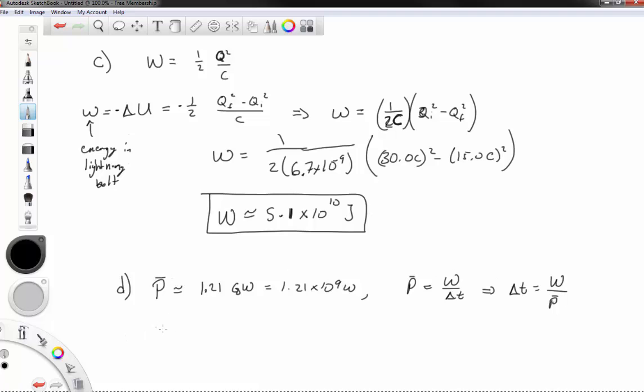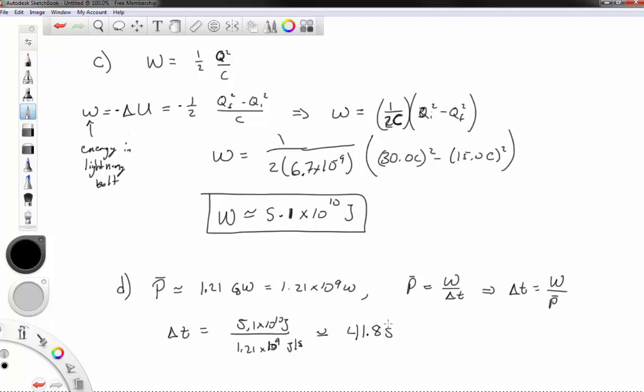And so therefore we can write delta T, this is the time that the lightning strike actually takes, is 5.1 times 10 to the 10 joules divided by the power was 1.21 times 10 to the 9 joules per second, since that's the equivalent unit to a watt. So the total time for this lightning strike would be a ridiculously long 41.8 seconds.